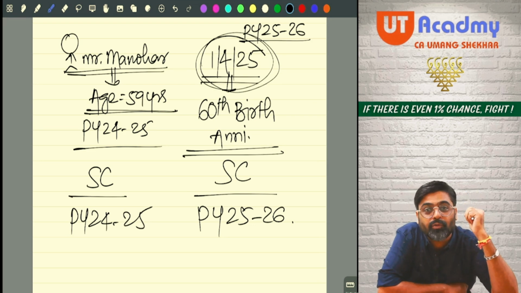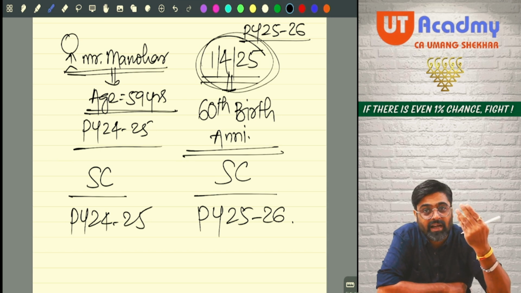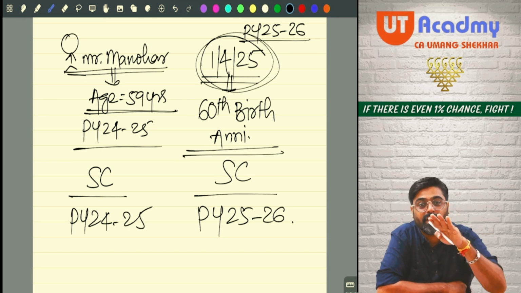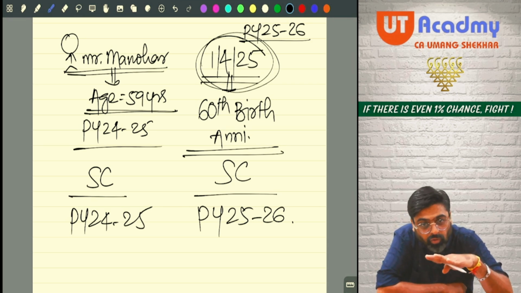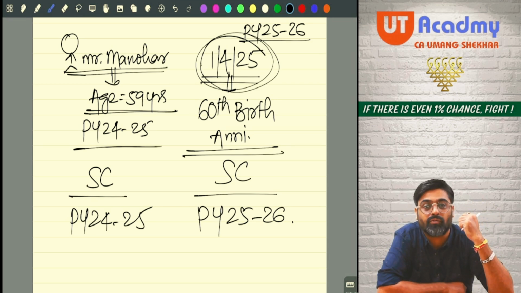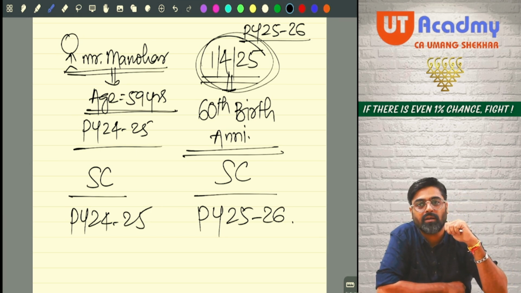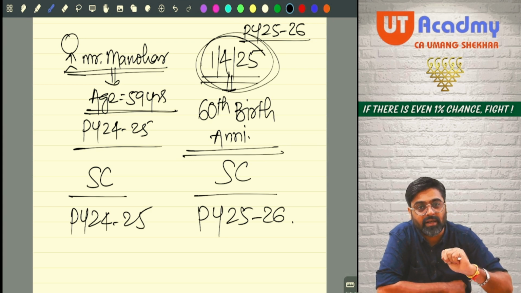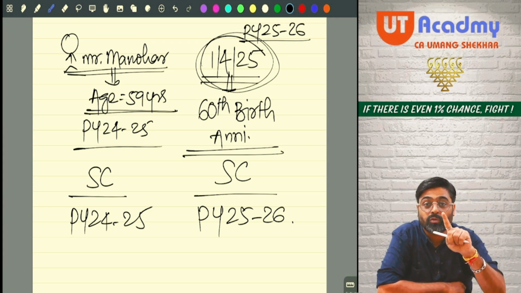So there was a confusion in the case of such individuals whose birthday falls on 1st April, and who, for example, in previous year 24-25 is 59 years old and is going to celebrate his 60th birthday on 1st April 2025, which falls in the next previous year. Will he be treated as a senior citizen in this year only or from next year onwards? This was the confusion.